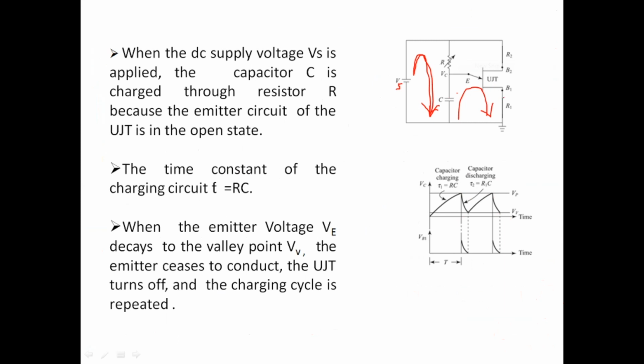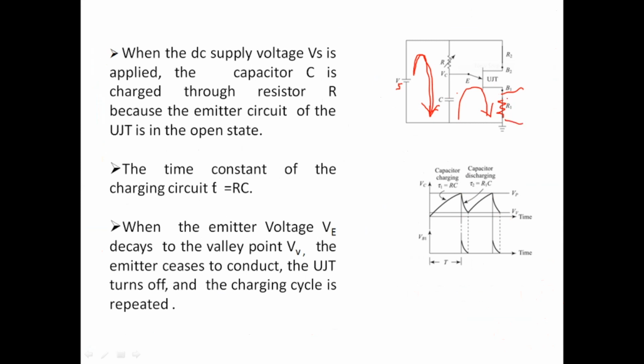On this side, if you are able to tap the current or voltage, you can see this RB1. Assume that we are connecting one resistance here, and I am observing a voltage somewhere here. What happens?